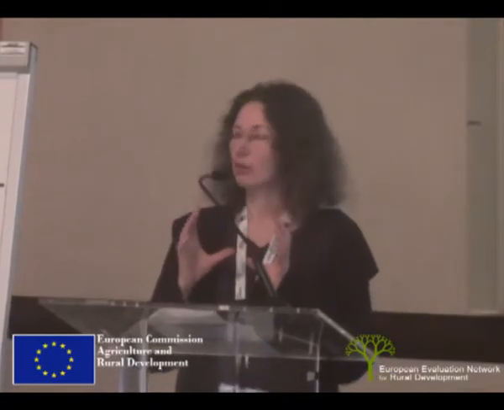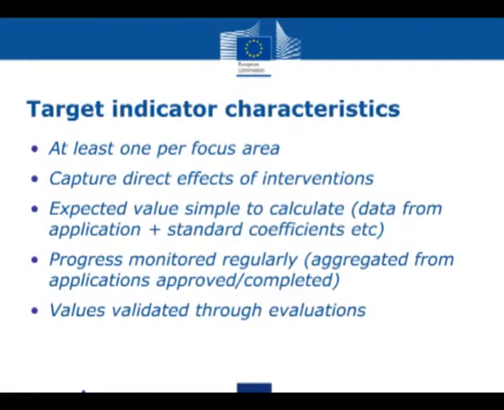So just a quick recap here, perhaps particularly for the target indicators, of what we were looking for, the essential characteristics that we think are going to be needed for target indicators to be workable, to be feasible. And this will be something that will come out through the day, particularly in the second and third sessions, I think. So at least one per focus area, because we have to be able to track what's happening in each focus area. It should be very directly linked to the interventions, not affected by external circumstances, changes in the economy, environmental events, that sort of thing.